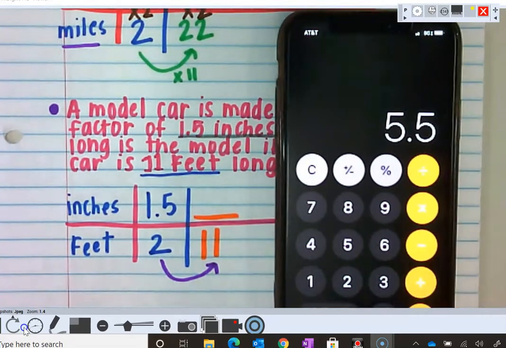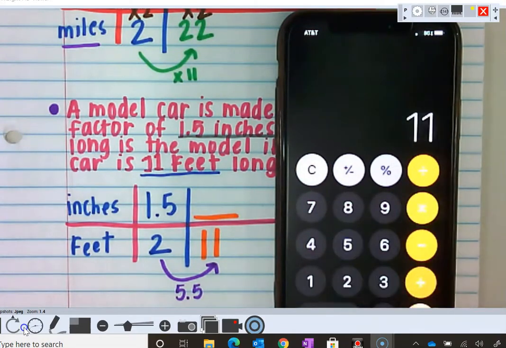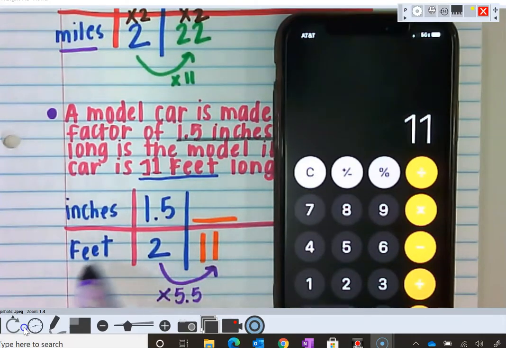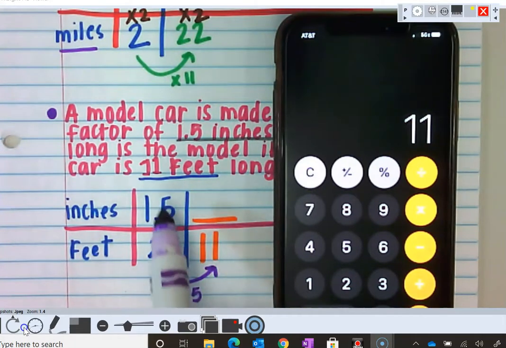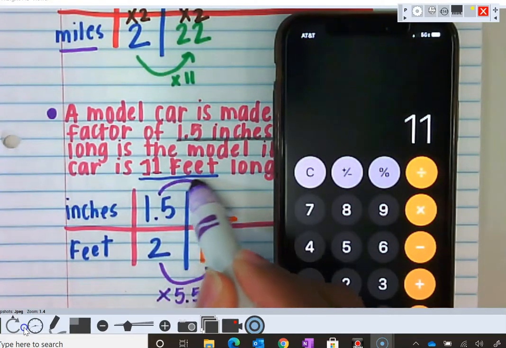So since I know 11 divided by 2 is 5.5, I know that 2 times 5.5 will give me 11. So I'm going to multiply by 5.5 to go from 2 to 11. And whatever I do to the 2, the feet, I need to also do to the 1.5, the inches, to keep my equivalency.